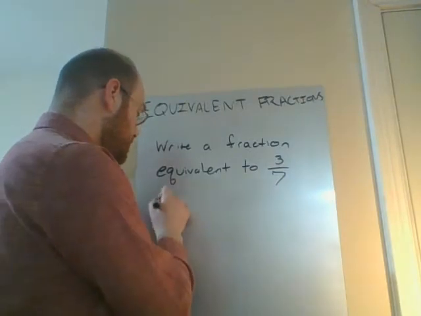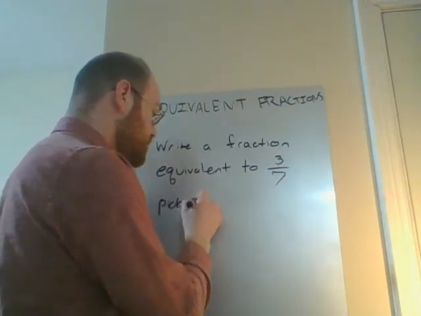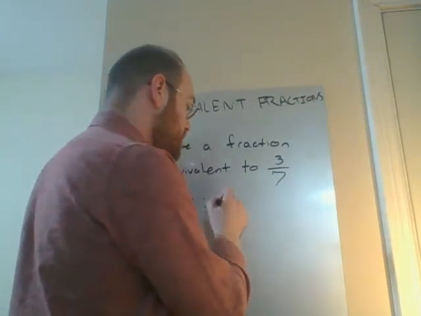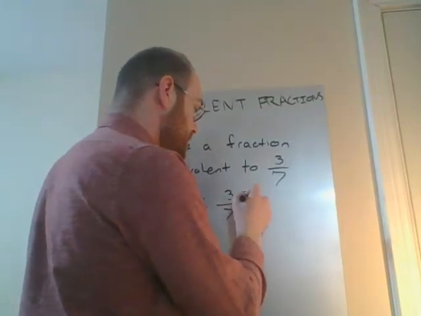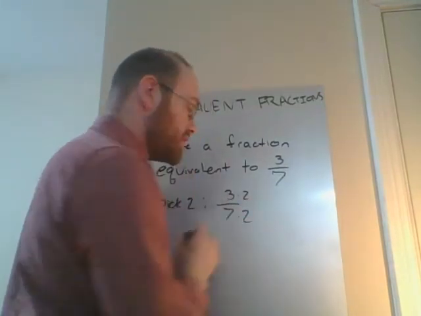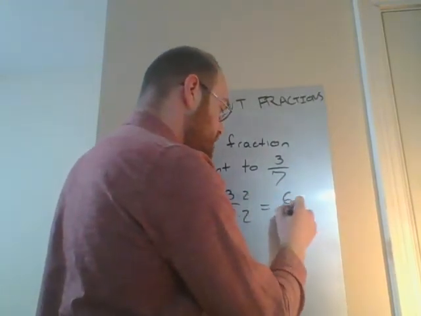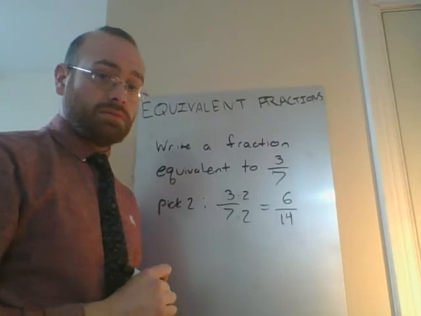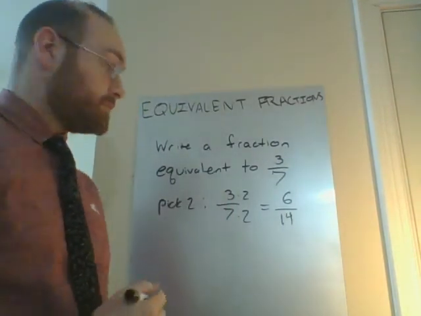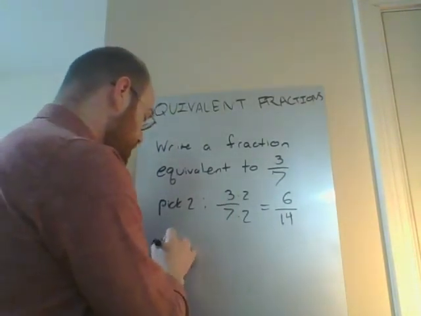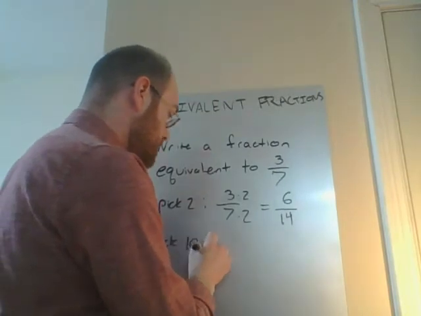So if we just say pick 2, and we have 3/7 times 2 on top times 2 on the bottom, and that gives us 6/14. I said we could pick any number. So let's say we pick 10.